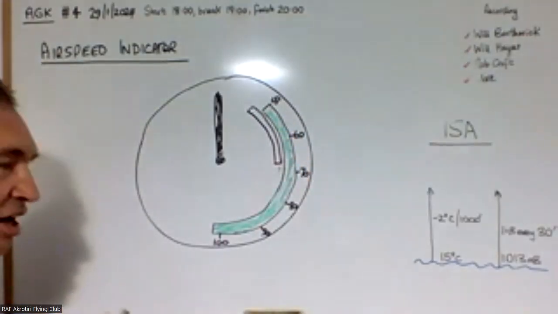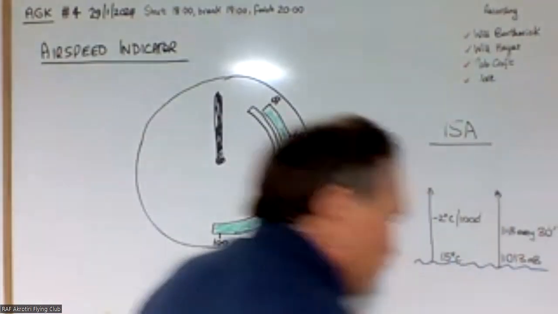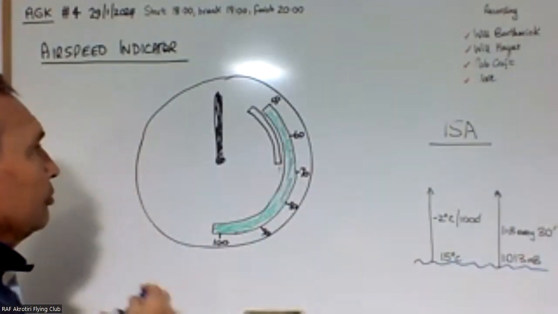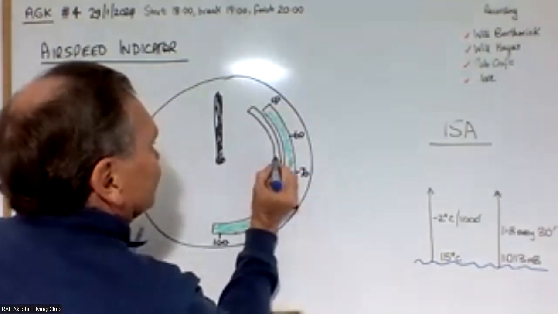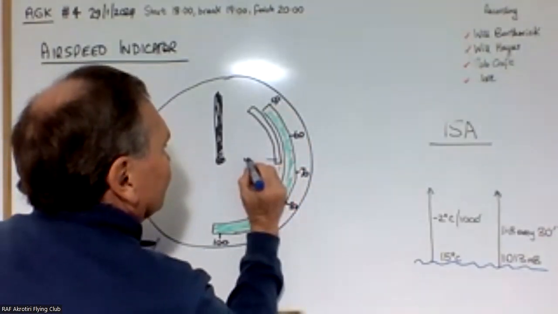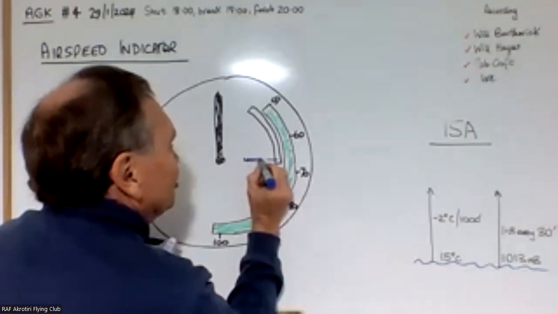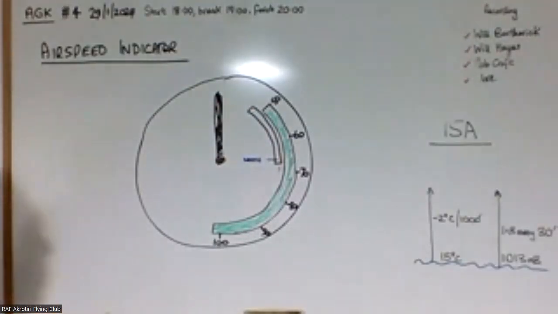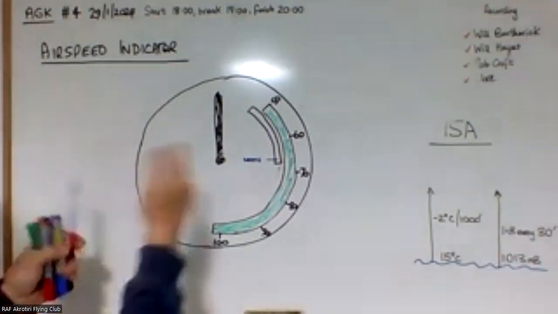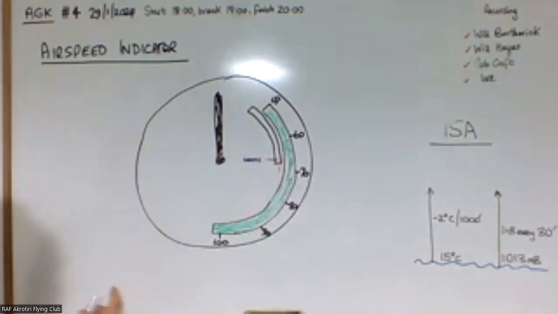So this is the white arc. This is green, this is white. Of course, the back of the instrument is black, so this white arc makes a lot more sense than me trying to draw a white arc on a white board.